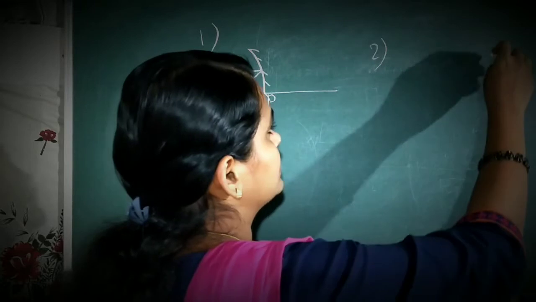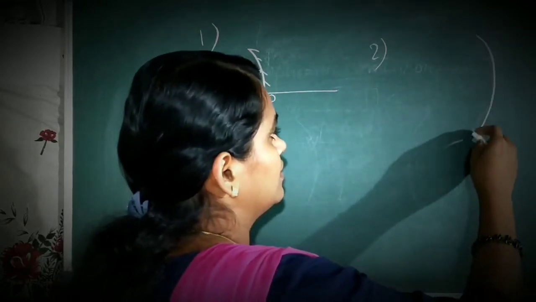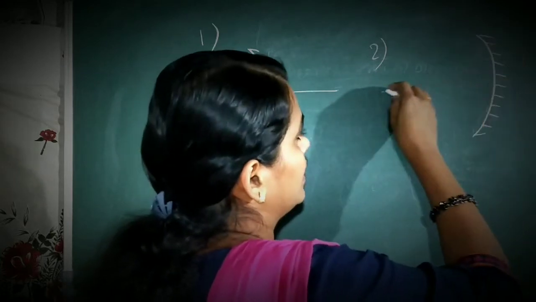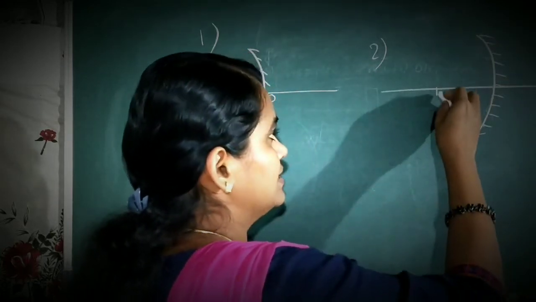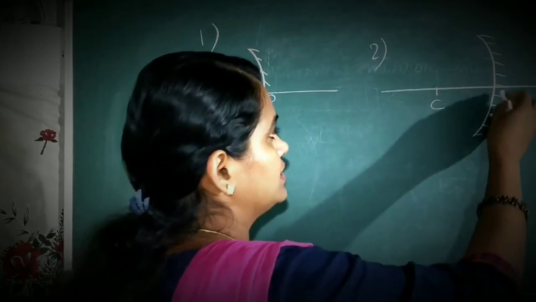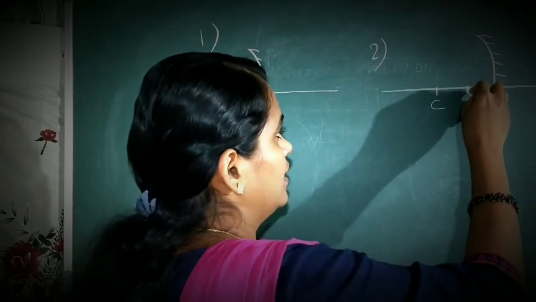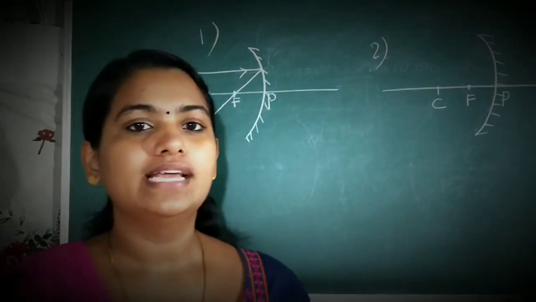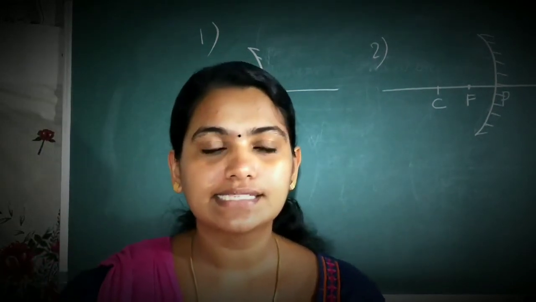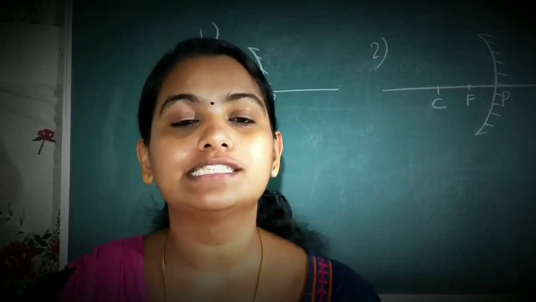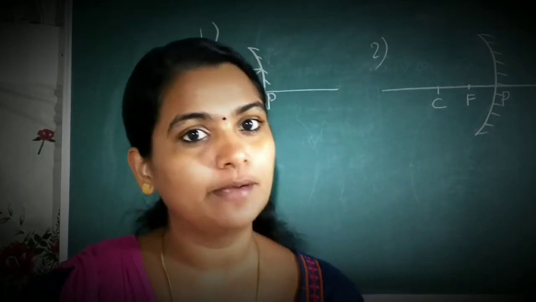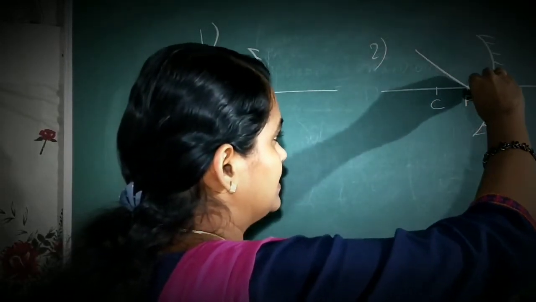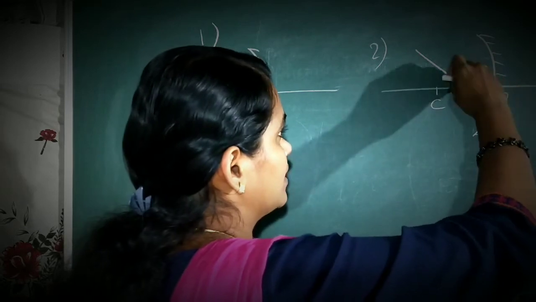The second case, let's draw another concave mirror. Then again we have the principal axis, the center of curvature C, the pole P, and the focus F here. Suppose the light ray is coming through the principal focus and striking the mirror like this.